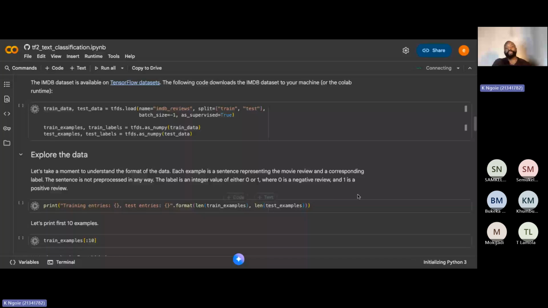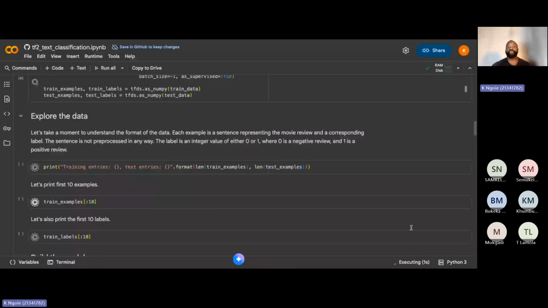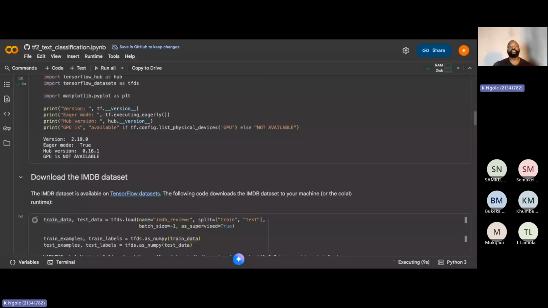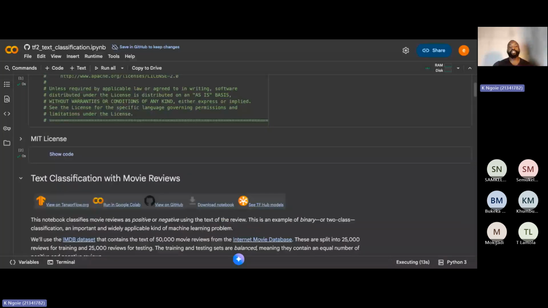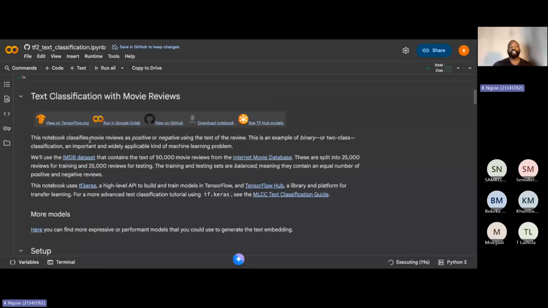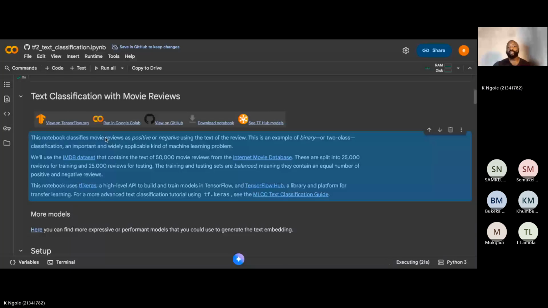Okay, so in this scenario, we basically have these data. We're going to see them. The data are just sentences that represent certain movie reviews. It's the reviews that people gave for these movies. So basically, what we have to do is classify movie reviews as positive or negative using the text of the review that people gave.